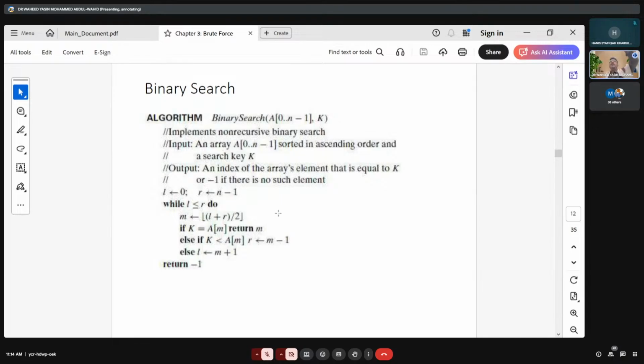If it is less, I go to the left. If it is greater, I go to the right, until I find the key. Otherwise, I return minus 1.